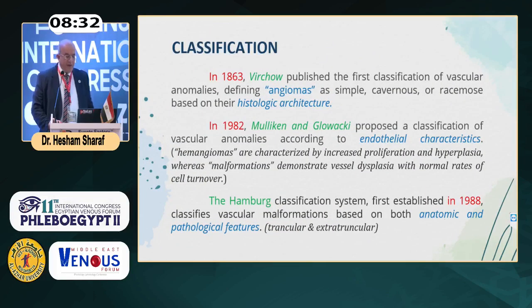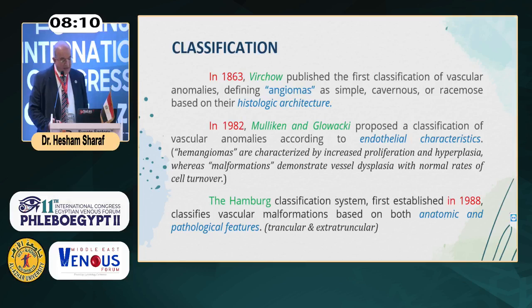In 1863, Virchow published the first classification of vascular anomalies, defining angioma, simple or cavernous. In 1982, Mulliken and Glowacki proposed the classification of vascular anomalies according to endothelial characteristics, that is hemangioma and non-hemangioma.